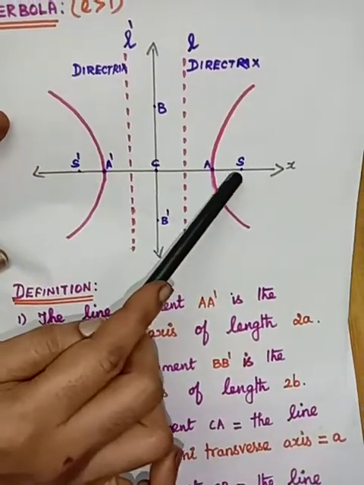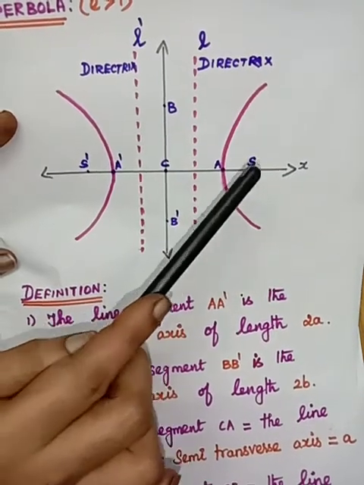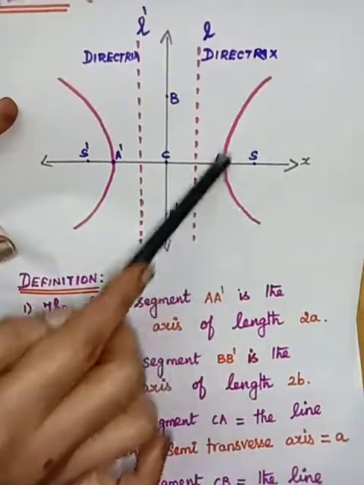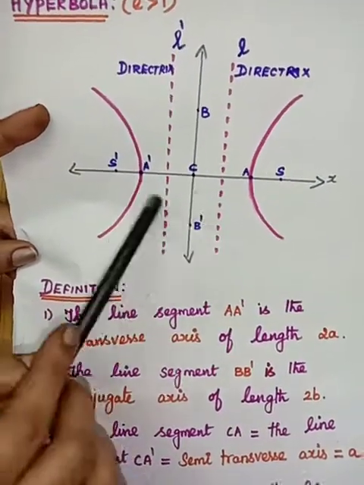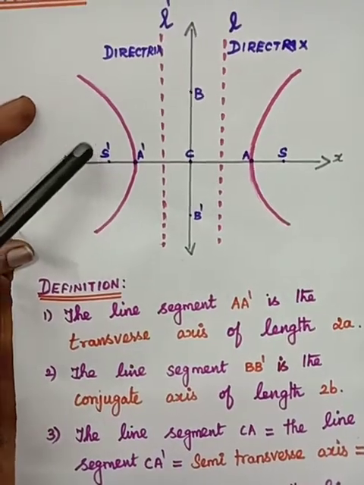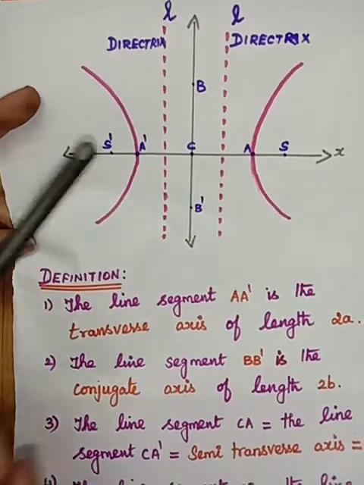The fixed point, this S, is called the focus of the hyperbola. Because your hyperbola is symmetrical about both the axes, by symmetry you will have one more point, that is S', which is also called the focus of the hyperbola.